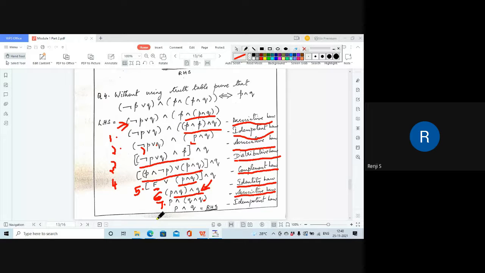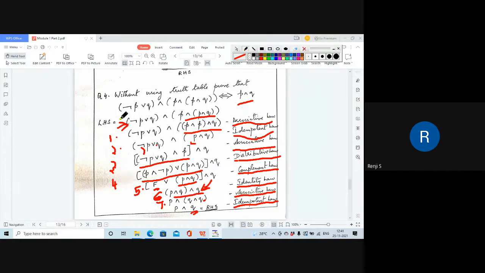Now what is Q and Q? Q, very good. Q and Q is Q, and that is idempotent law. So you get P and Q, which is equal to the RHS, isn't it?